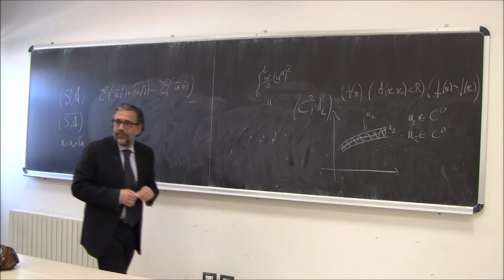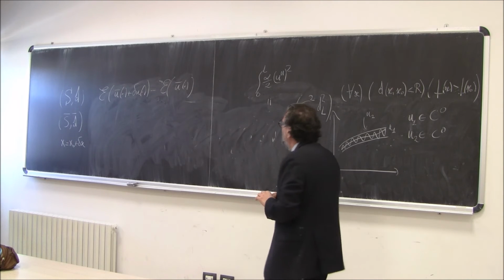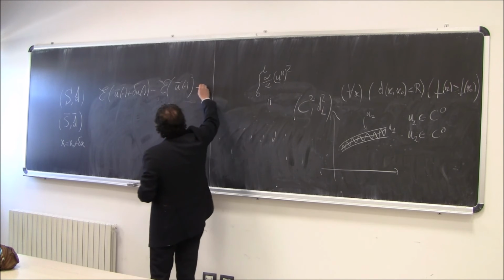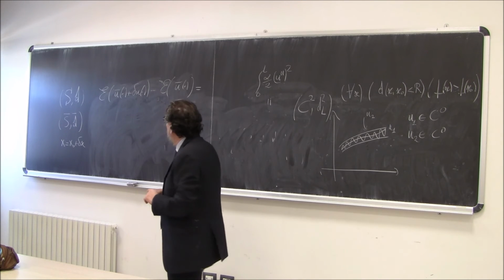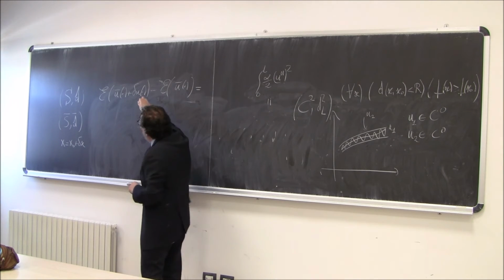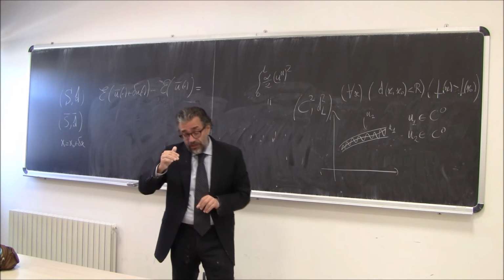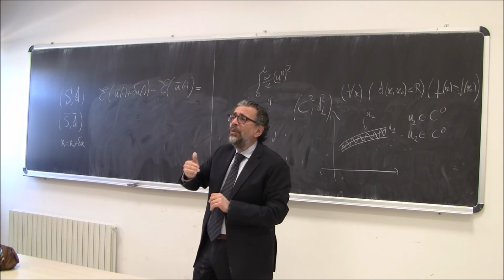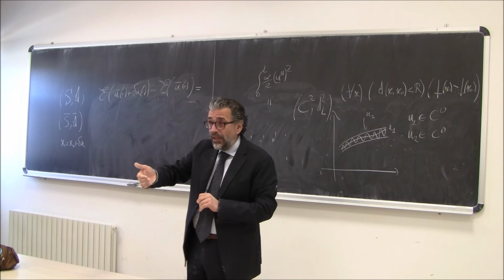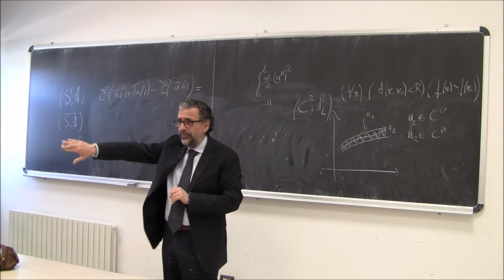Okay? So now we try to remain in a general setting. So we want to estimate this first variation. We have a finite variation, and then we want to find the first variation of this, neglecting higher order terms.